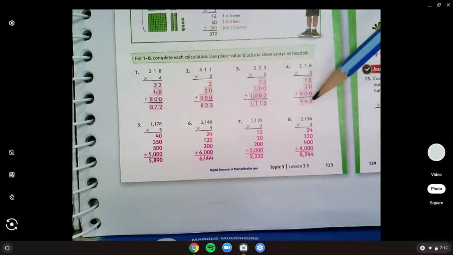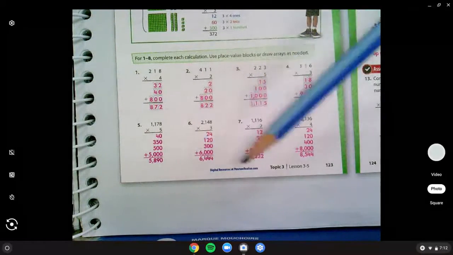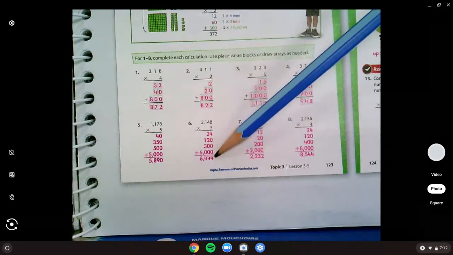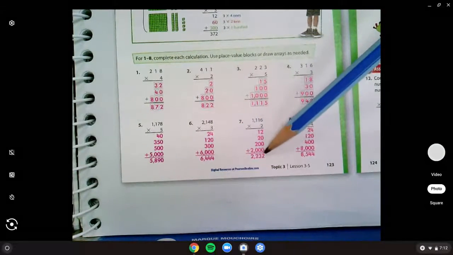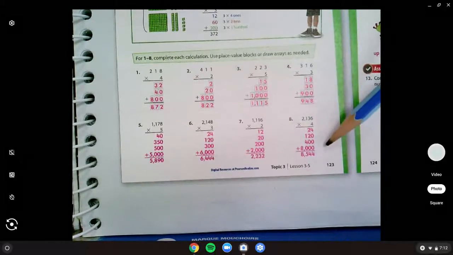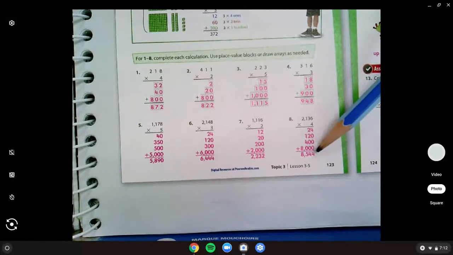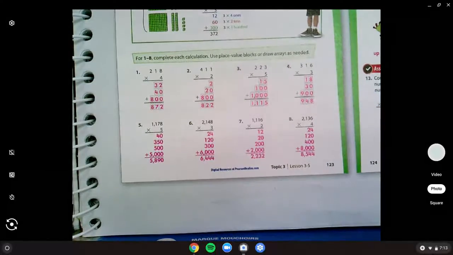Number 4, 948. Number 5, 5,890. Number 6, 6,444. Number 7 should have been 2,232. And number 8 should have been 8,544. So that was 1 through 8.